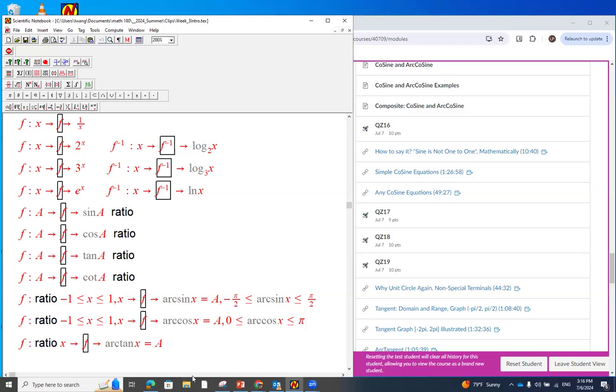All right, and last but not least, we have arctangent. For arctangent, the domain is all real numbers.